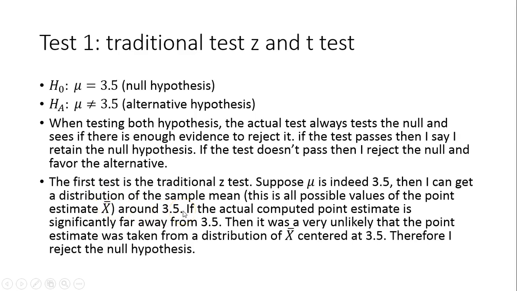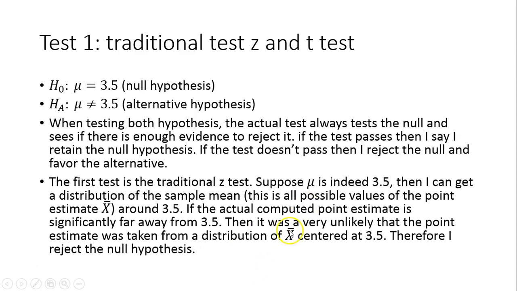If the actual computed point estimate is significantly far away from 3.5, or I get an X bar that's very far away from 3.5, then it was very unlikely that the point estimate was taken from a distribution of X bar centered at 3.5. Therefore, I reject the null hypothesis.